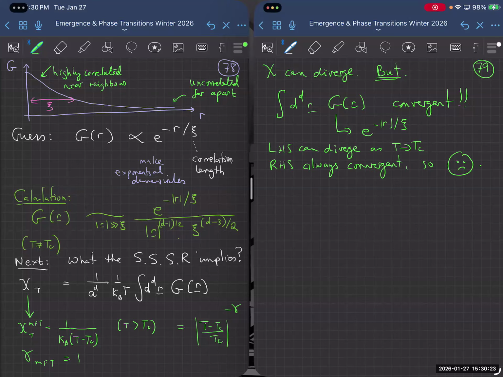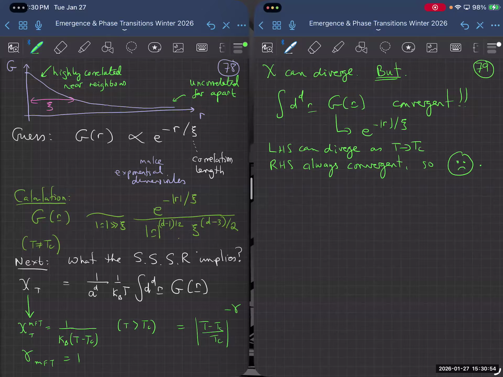Thermodynamics and an exact identity told us that the susceptibility is exactly related to an integral of the two-point correlation function. The two-point correlation function really does decay exponentially, and therefore, when I do the integral, it has to be convergent. So the integral of g is convergent, but chi on the left-hand side can diverge as t goes to tc. The left-hand side is not equal to the right-hand side, so we have a problem.